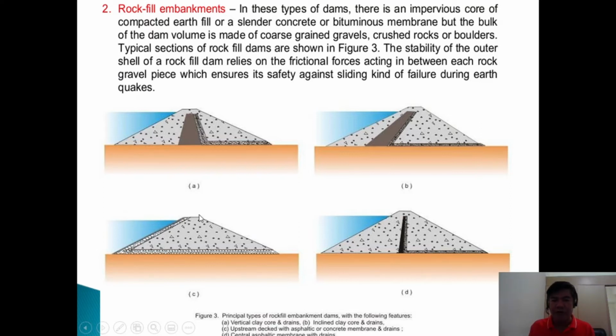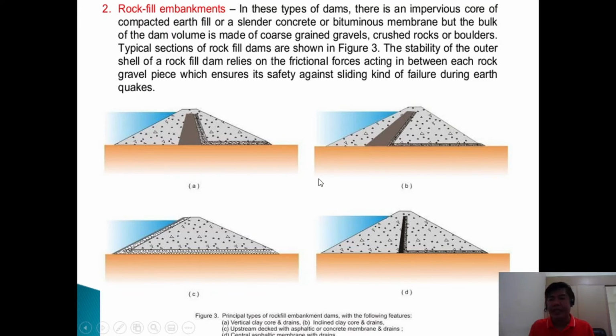Part of the soil stabilization here is to lay a concrete or an asphaltic material. Then in figure letter D, you have the asphaltic membrane with drains, but the asphaltic membrane is actually at the center. So whatever design the designer wishes to adopt, we will have to do the analysis in terms of slope stability.